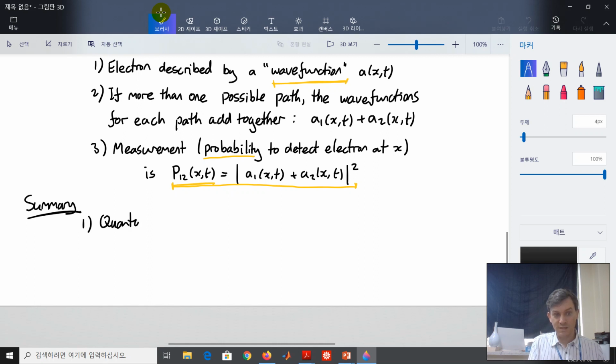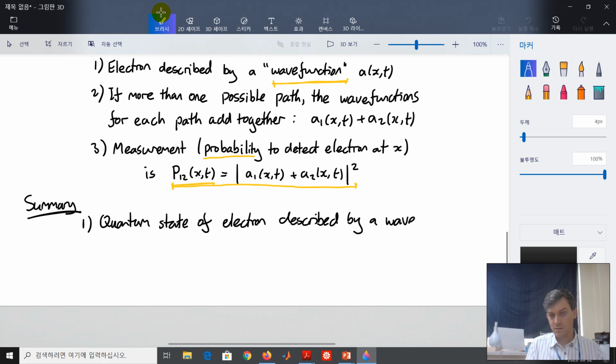So the quantum state of the electron is described by a wave function which I have called A(x,t) here.